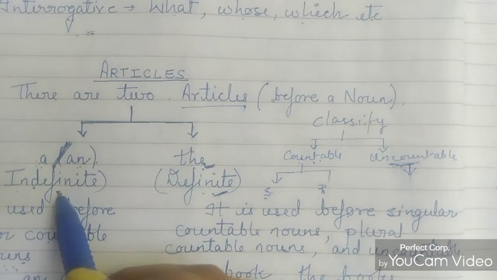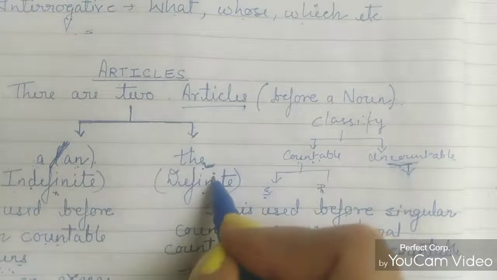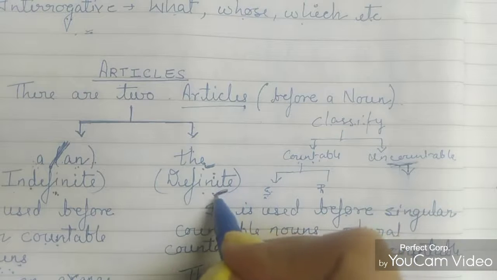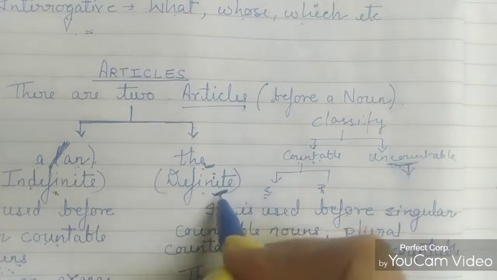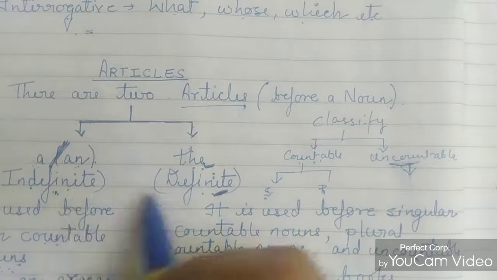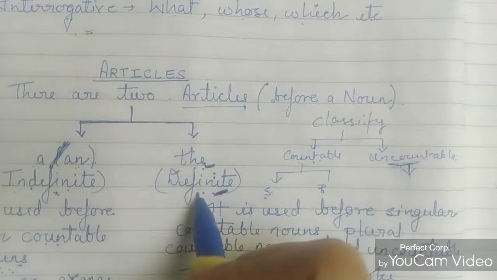That means here the person or thing is not at all definite. We do not know about the person or the thing. It can be any person or anything. Definite means it is pointing out something particular, defined. So that is indefinite and definite.